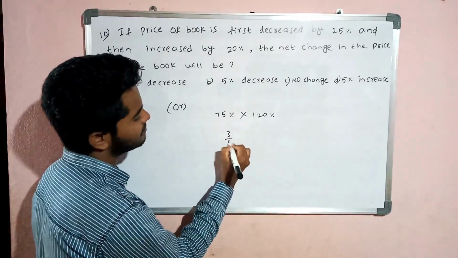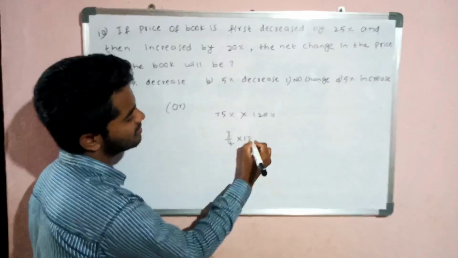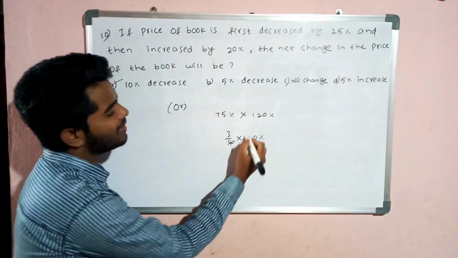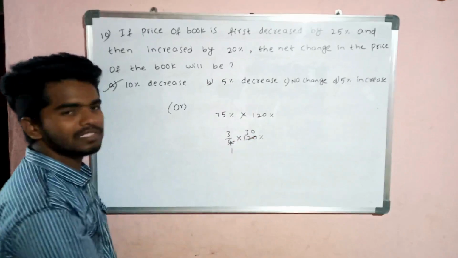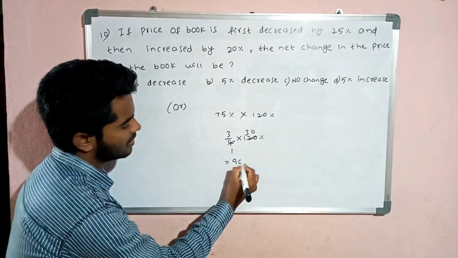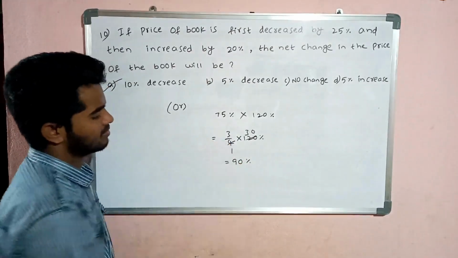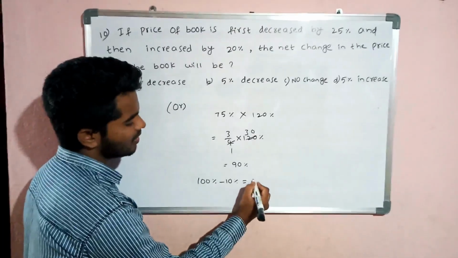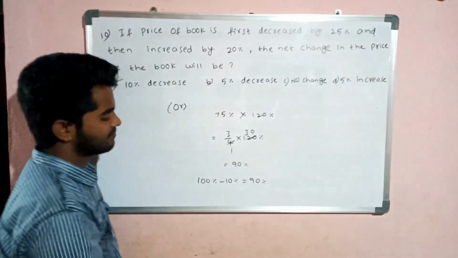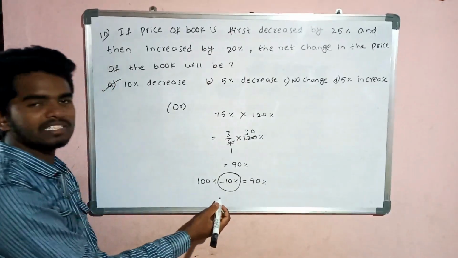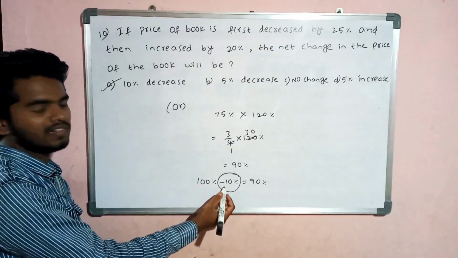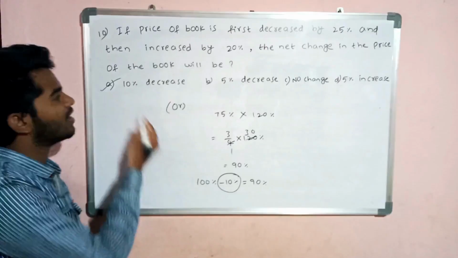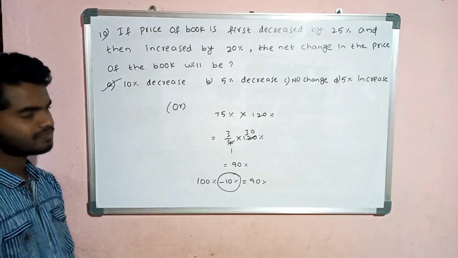Increased is plus, decreased is subtract. 75% is 3 by 4 into 120%, which gives 90%. 100% minus 10% equals 90%. 10% is decreased. Negative indicates decreased. So 10% decreased is our answer.